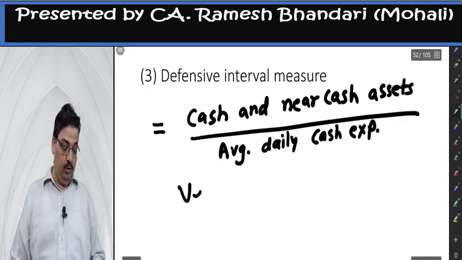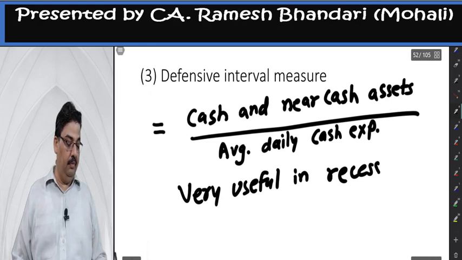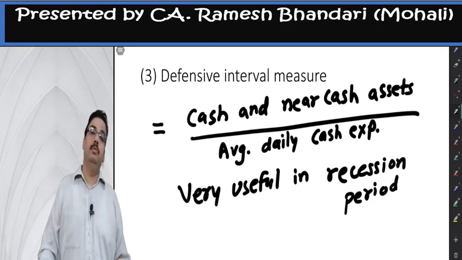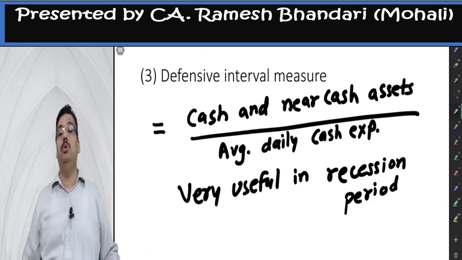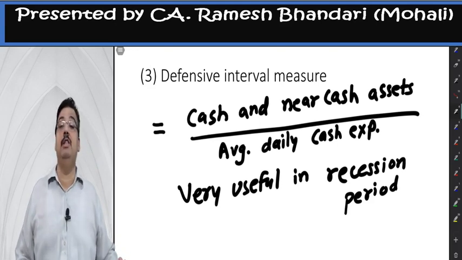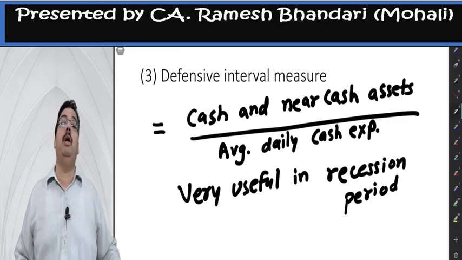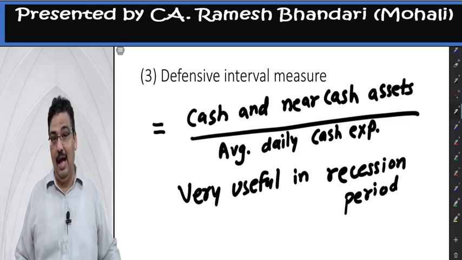This is very useful in a recession period. In a period like this lockdown, it's a very, very important ratio to compute. Those who are having a high defensive interval measure, they are able to retain their staff, they are able to pay their normal expenses in cash.